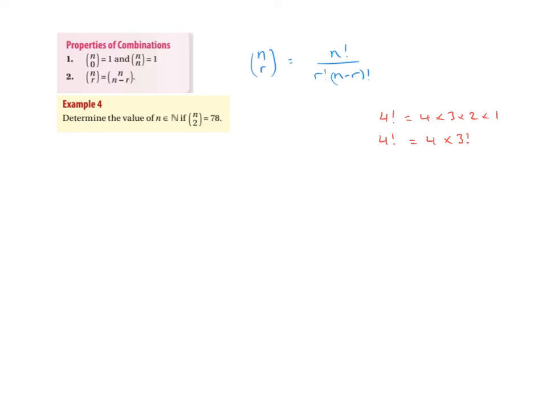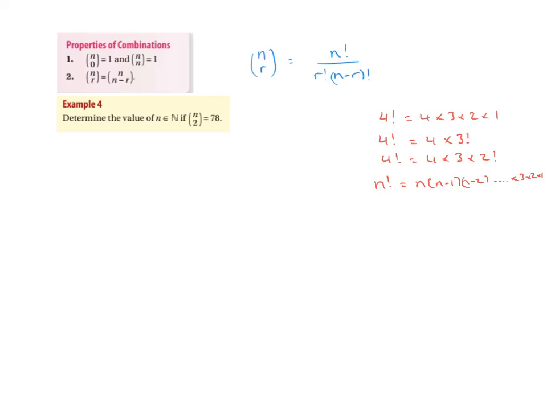And 4 factorial is exactly the same as 4 times 3 times 2 factorial, because 3 factorial is just 3 times 2 times 1, and 2 factorial is 2 times 1. Changing it to n, n factorial is equal to n times n minus 1 times n minus 2, and that carries on until it gets down to 1. We're going to use this idea in the question today.